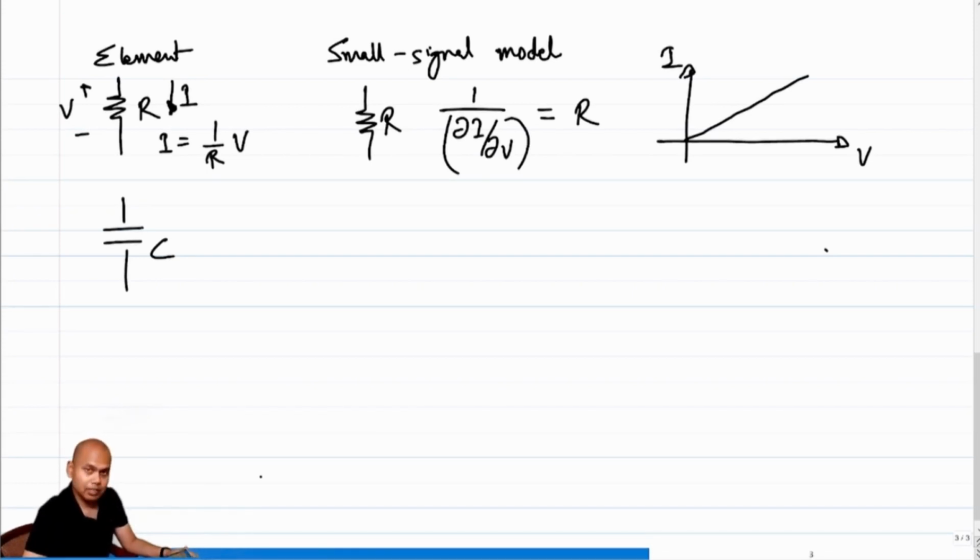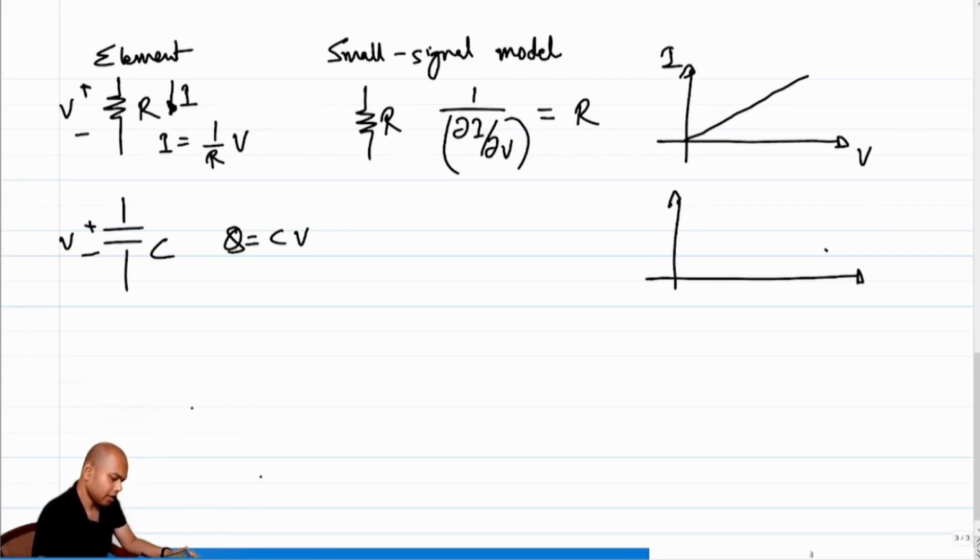The primary governing relationship is between the charge stored on the plates of the capacitor and the voltage across the capacitor, so Q equals C times V. Like the resistor, the governing relationship is a straight line.